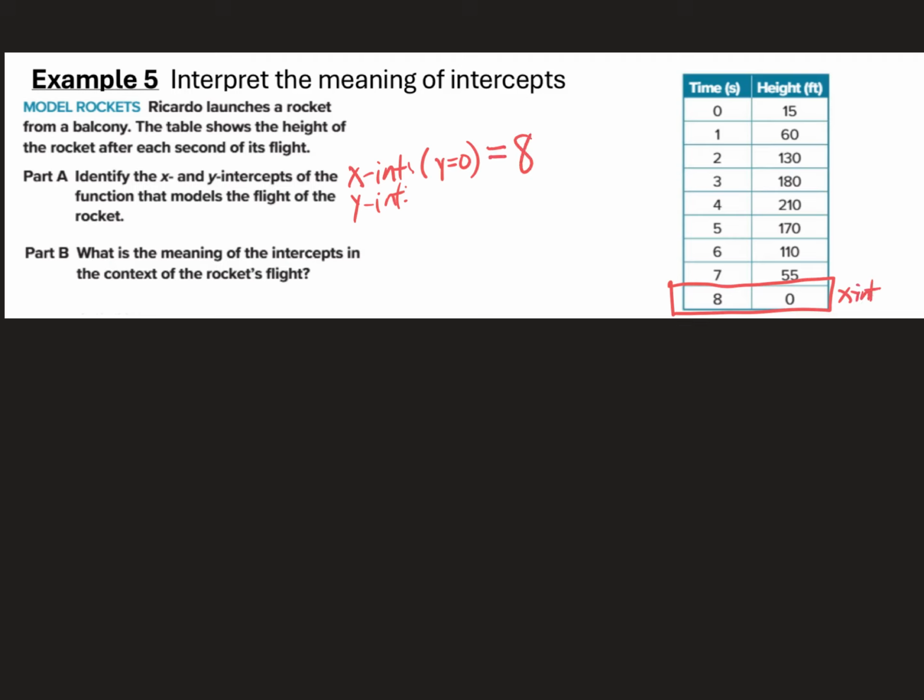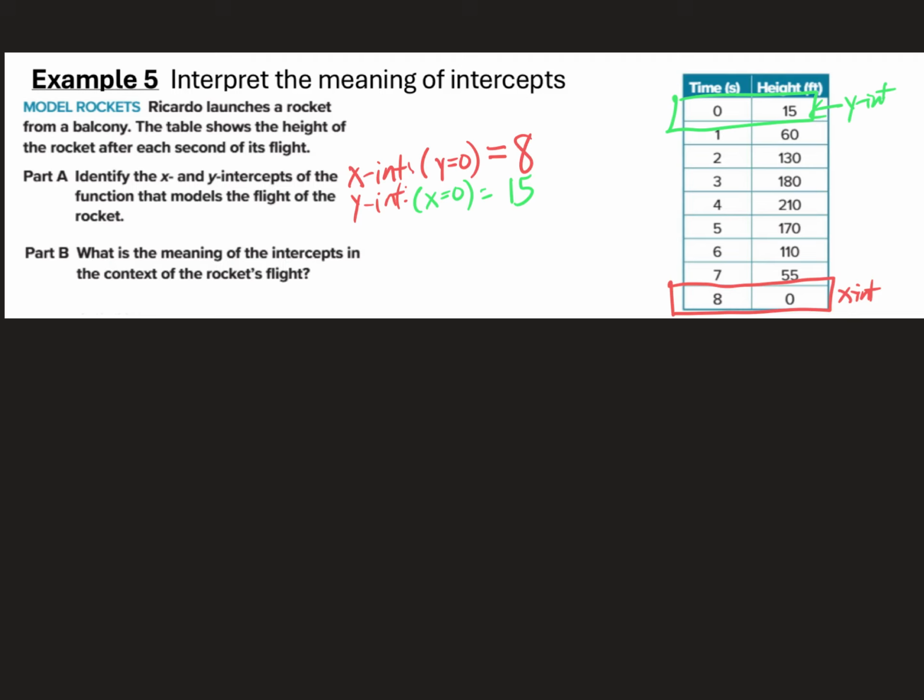And then the y-intercept is where x is 0. So x is 0 here. This is my y-intercept. I'm going to put where x equals 0, and the y-intercept is 15. So that's the x-intercept and the y-intercept.